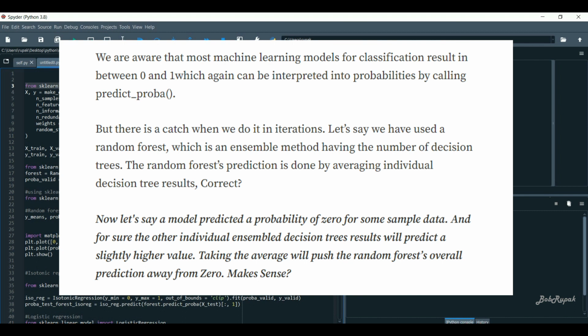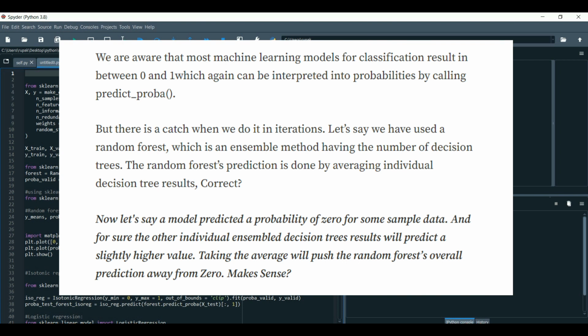But there's a catch. When we do it in iterations, let's say we have used a random forest, which is an ensemble method, having a number of decision trees. The random forest prediction is done by averaging the individual decision trees' results, correct?